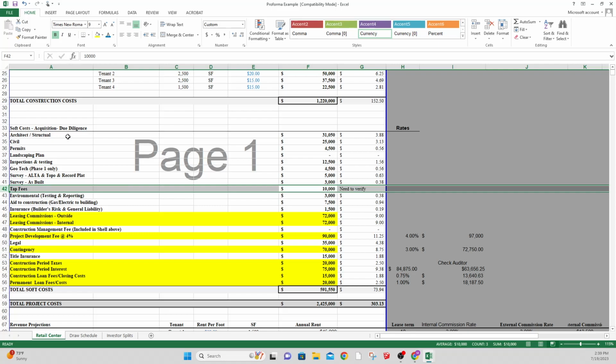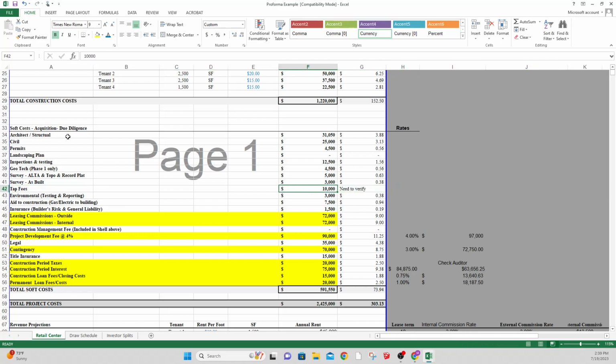Tap fees. Some of this stuff is just back of the napkin. With tap fees, I've always found that this number is all over the place. I would literally reach out to probably the economic development person or whoever the municipal water district or sewer or whoever the gas company is. Figure out what the taps are.